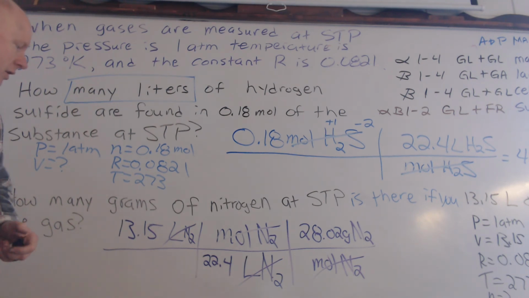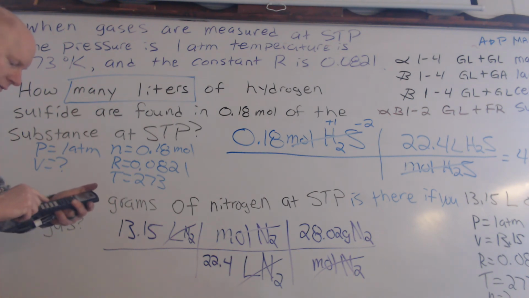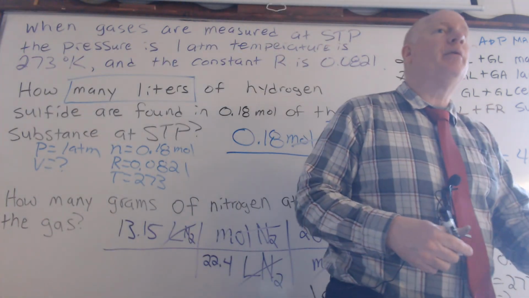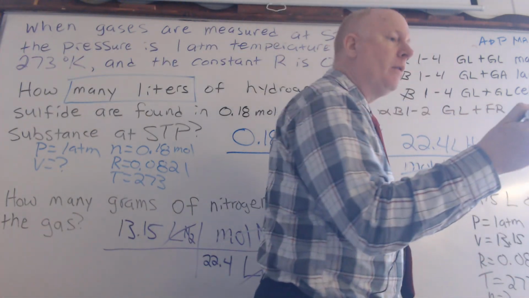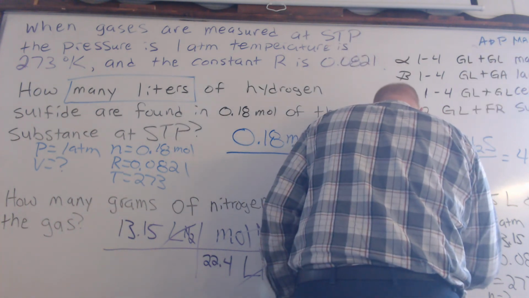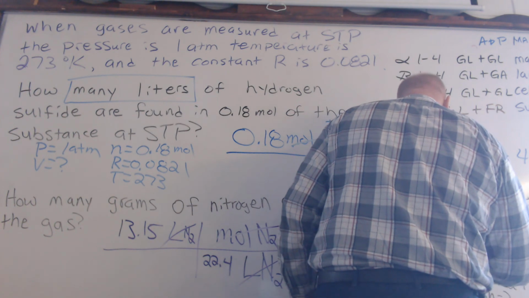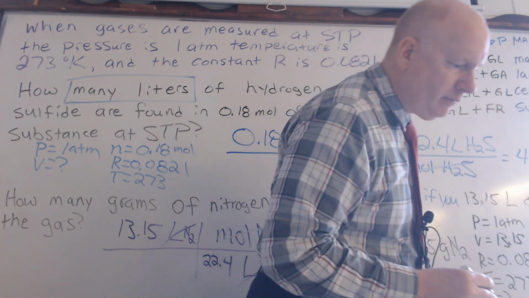Okay, so 13.15 times 28.02 divided by 22.4, 16.45. Is that what you get? Yes, equals 16.45 grams of nitrogen.